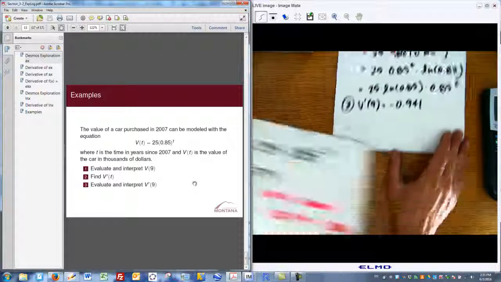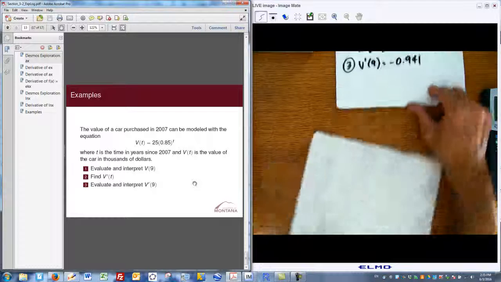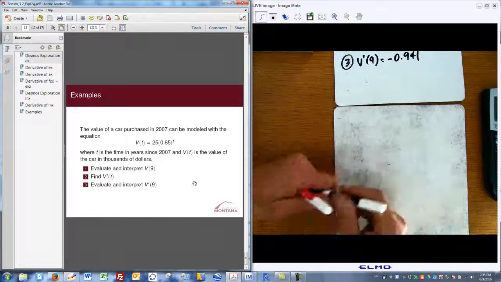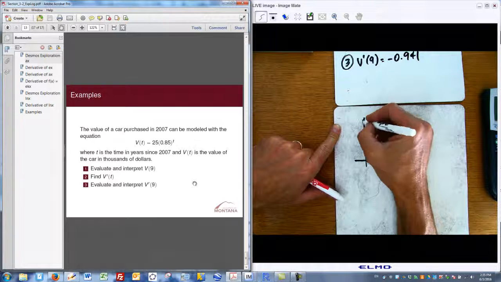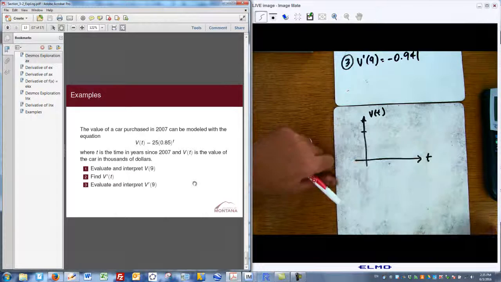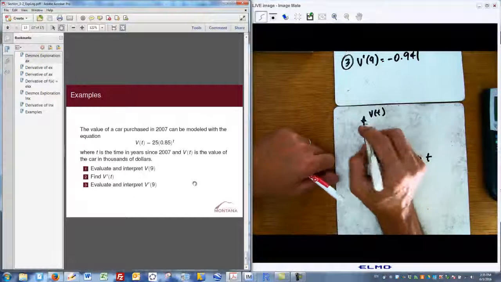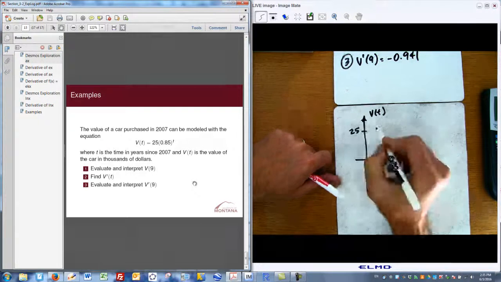Now we just have to contextualize that. So let's think a little bit about what's going on here. We've got this formula that tells us how v of t and t are related. We know that at year 0, if you put in year 0, you'll find out that it starts out at 25.